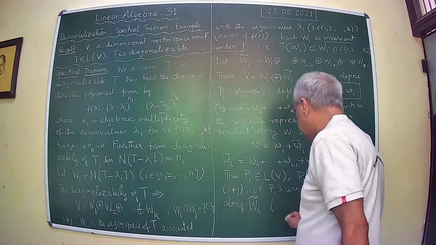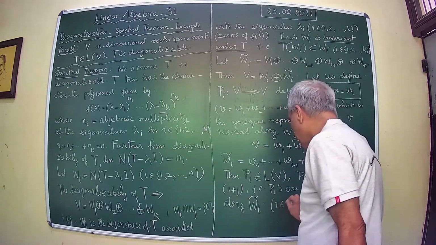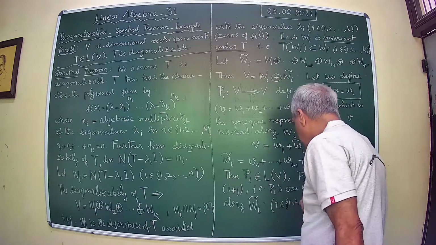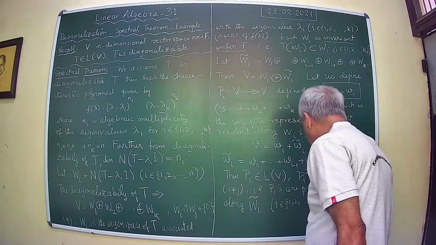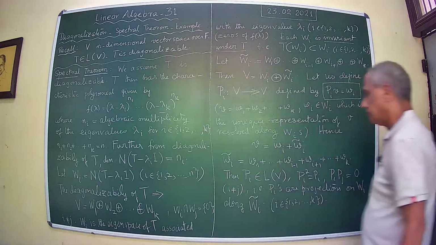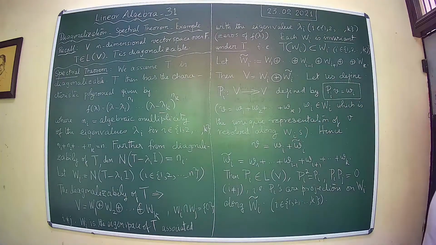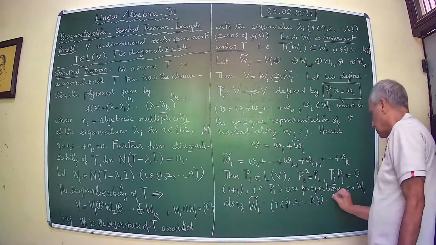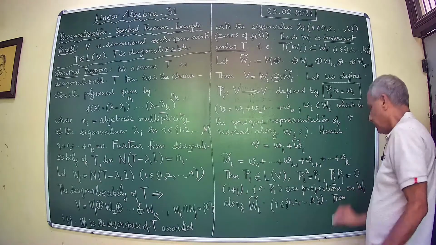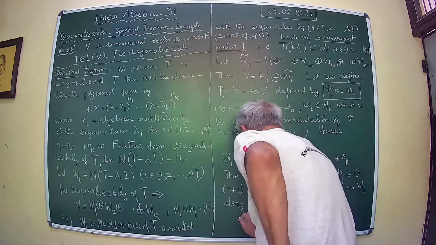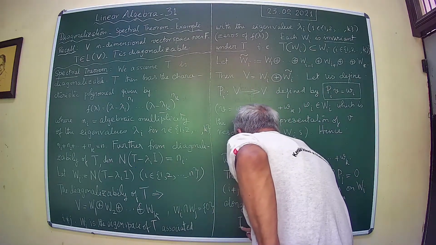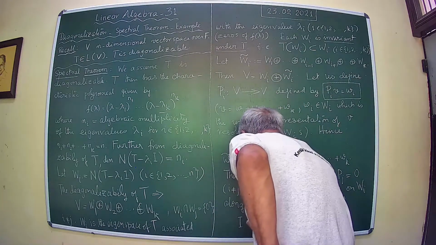All these statements are true for each i. Then we have proved the following: I gets resolved into the sum of these projection operators.